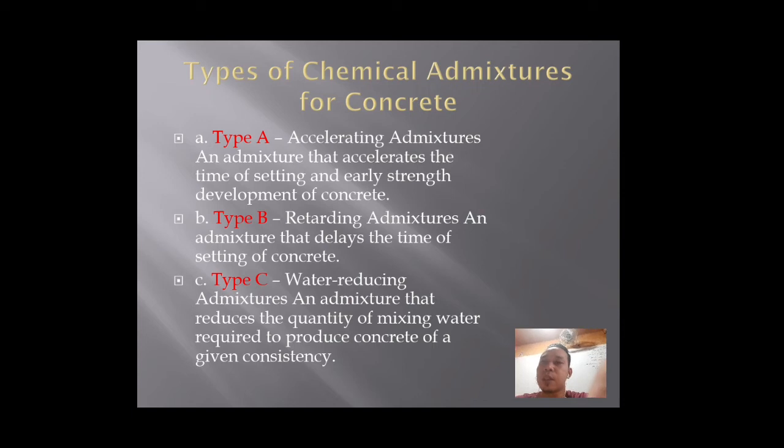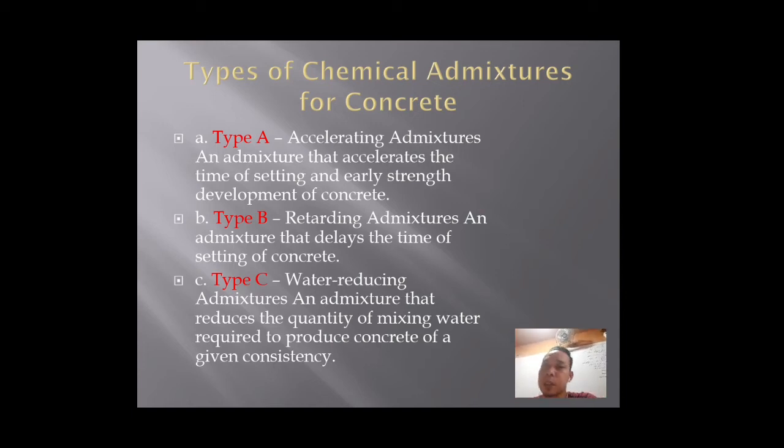Next one is type B, retarding admixture, an admixture that delays the time of setting of concrete. So this type of chemical admixture is used if the site and the mixing plant are too far apart. So what they did is they used the retarding admixture so that the concrete will not easily harden.